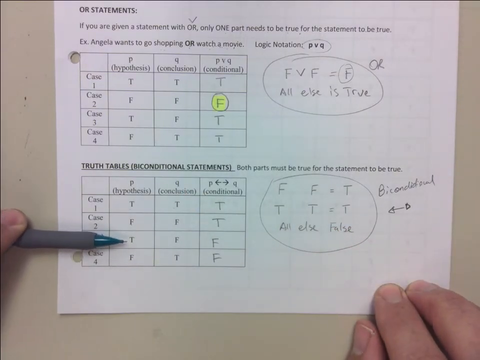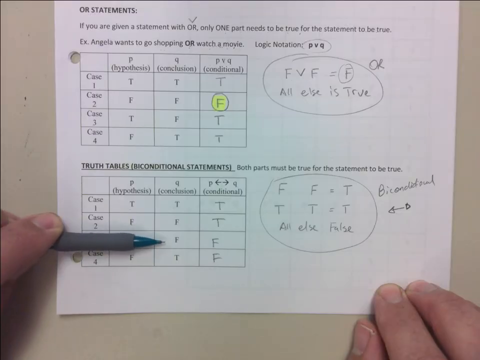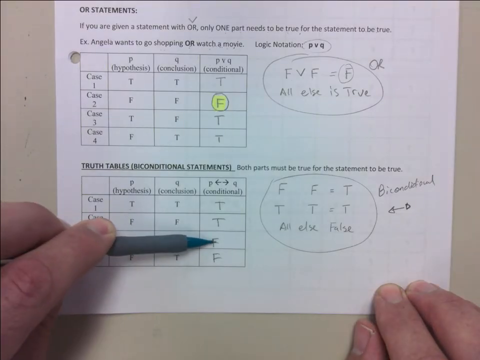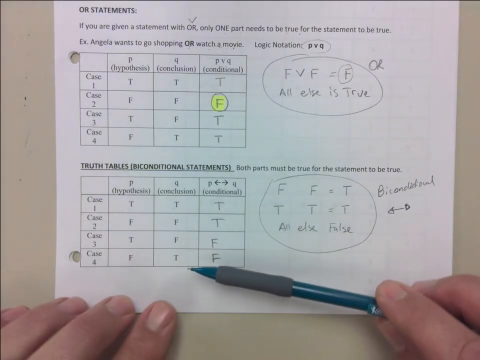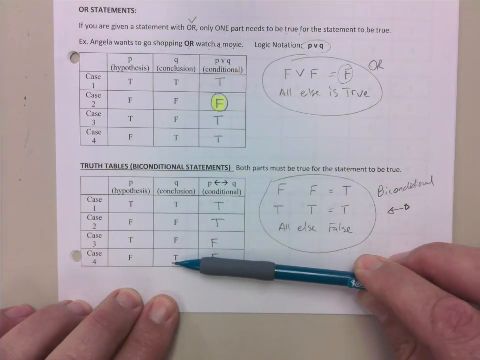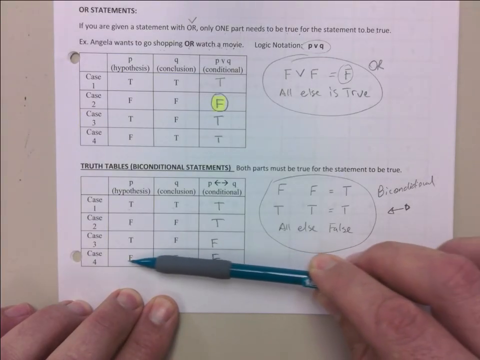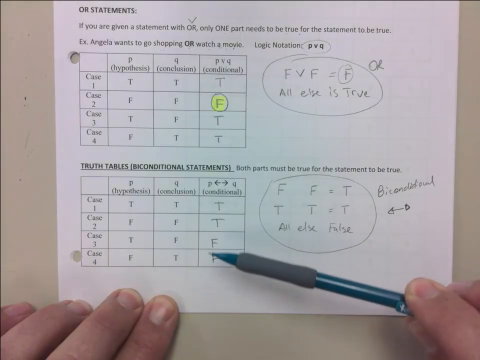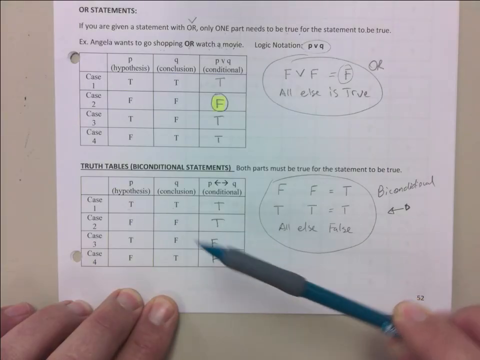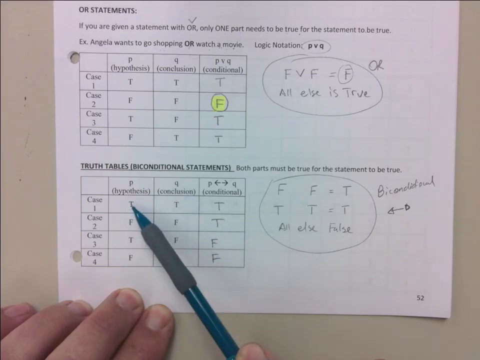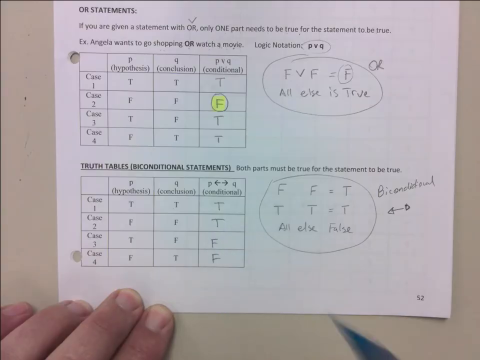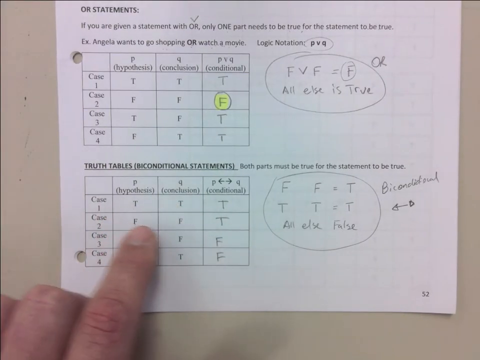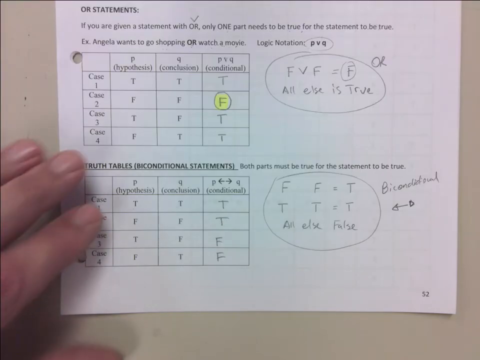If you were to go from P to Q, if P then Q, true, false, that would be a false statement, right? Back to the conditional. If you go the other way, true to false, then you would also have a false statement. So that's why these 2 are false. And where you have true, true, false, false, those statements are true. So basically, both of them have to be the same for this to be true.